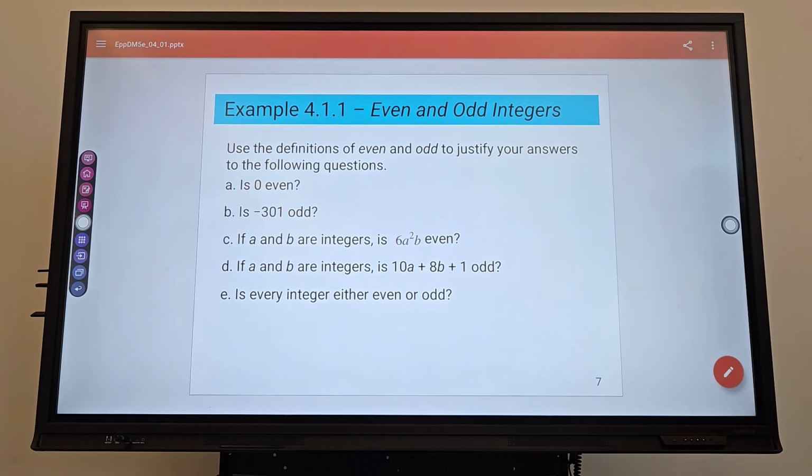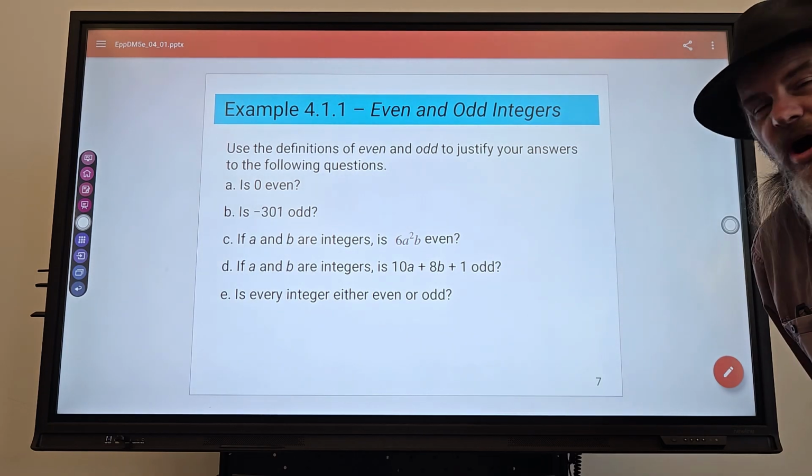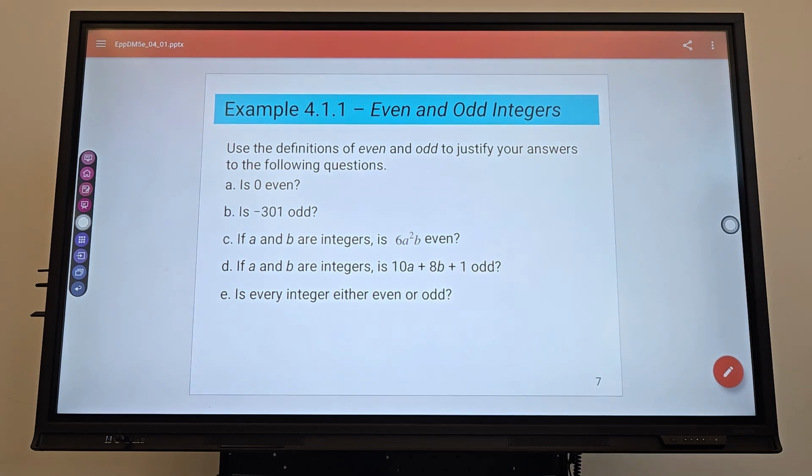Yeah, it's even because 2 times 0 is 0. Is minus 301 odd? Yeah, because it's 2 times minus 151 plus 1.